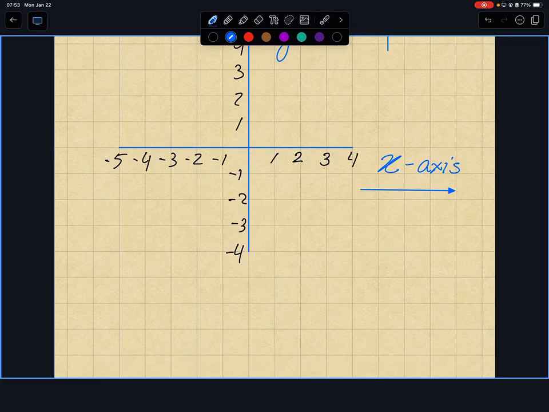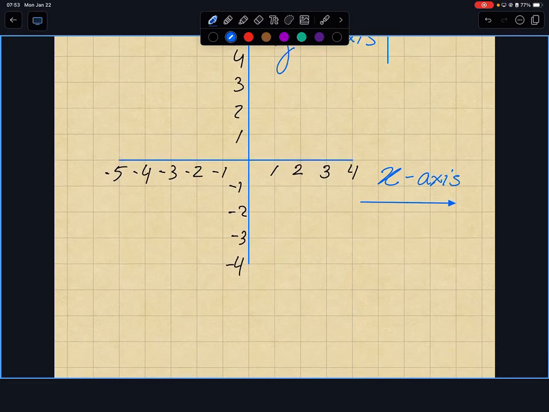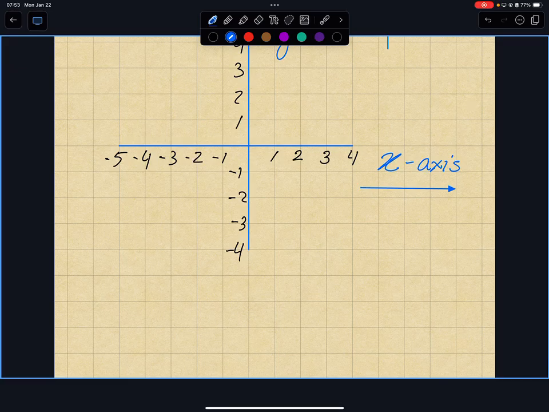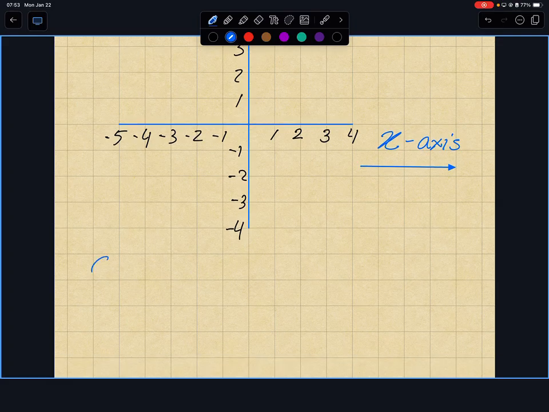We know how to read a graph, but now we have to draw the graph. Extremely easy. In order to fill in a graph, you need a specific coordinate.